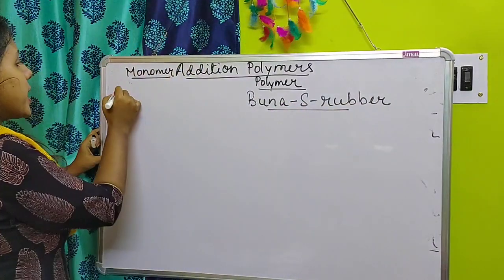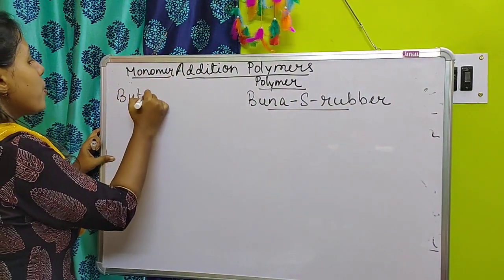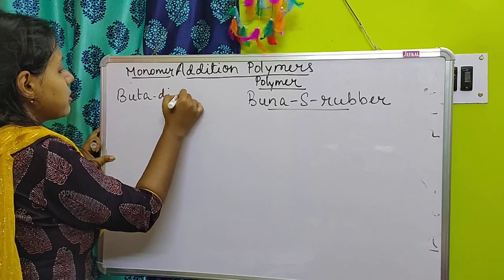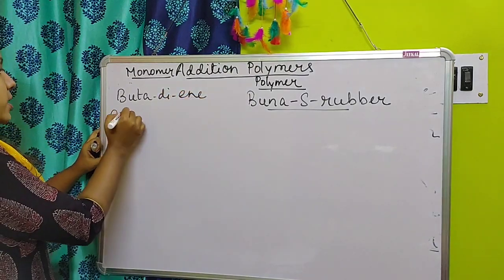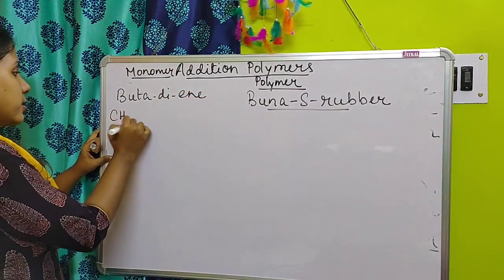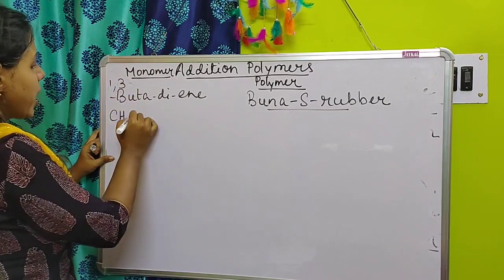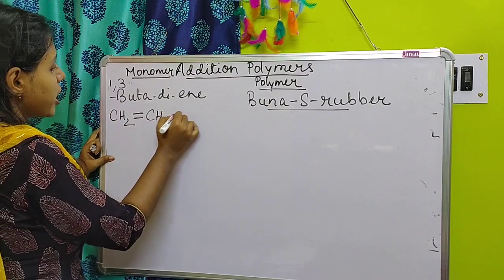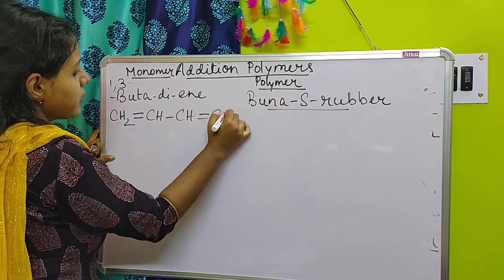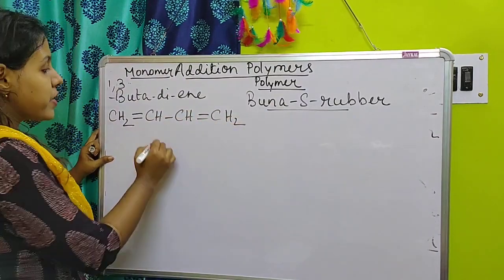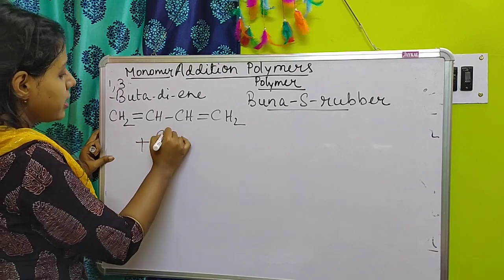Buna means here one monomer is butadiene. Butadiene means 4 carbons will be there. 1,3-butadiene: CH2 double bond CH, single bond CH, double bond CH2, plus styrene.